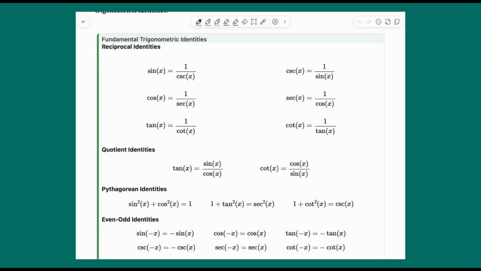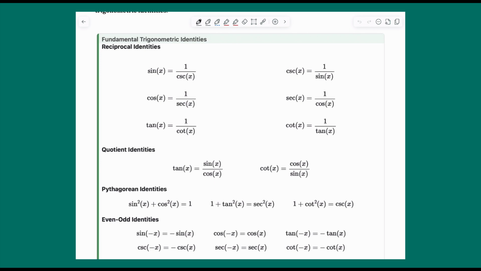First, let's go over the reciprocal identities. Depending on the definition of the six trig functions, you could verify these identities in different ways. For example, on the unit circle, sine is the y coordinate, and cosecant is just 1 over y.